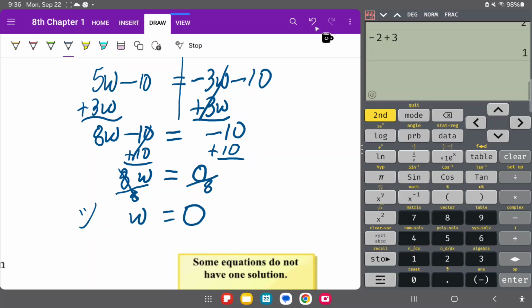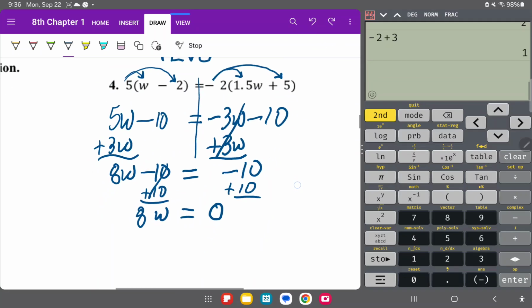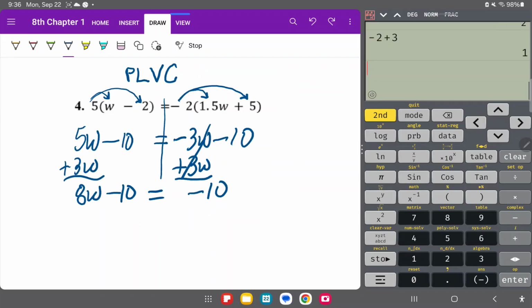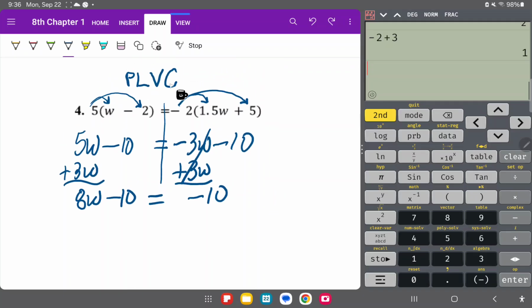Let me redo that last little bit. Okay, so what we have to do, we're on the constant. This constant needs to move over there.